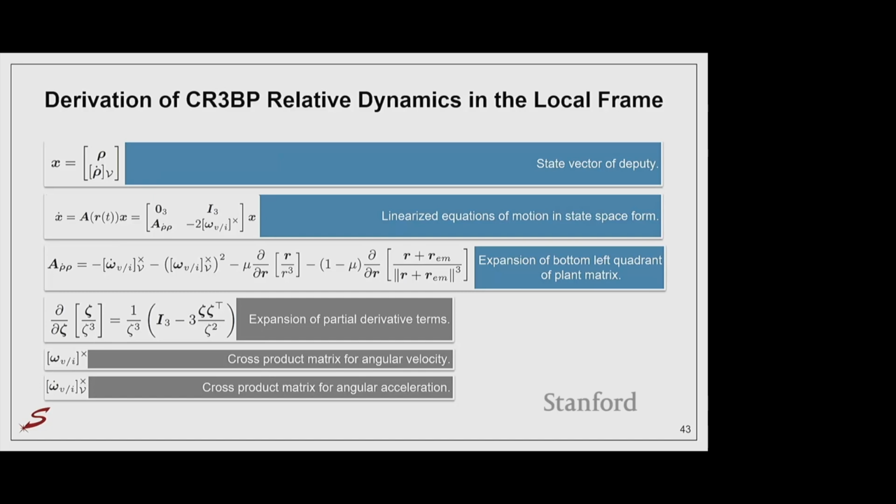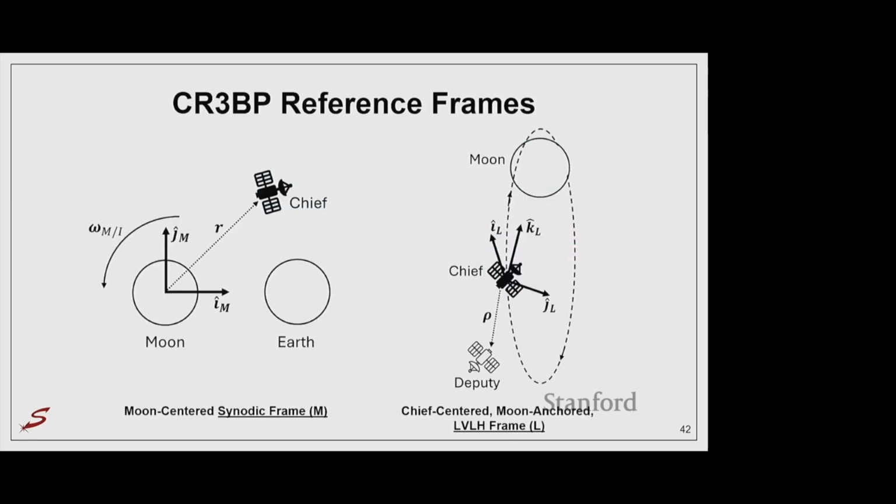The major step that's been taken here is that the linearization is being done with respect to the chief spacecraft position. So that's why in these terms here, it's R, which is the chief spacecraft relative to the moon.